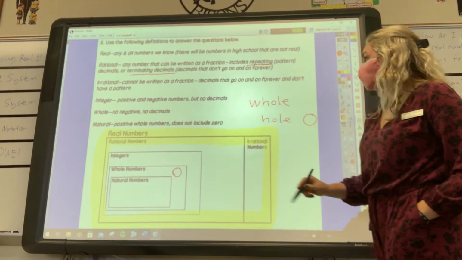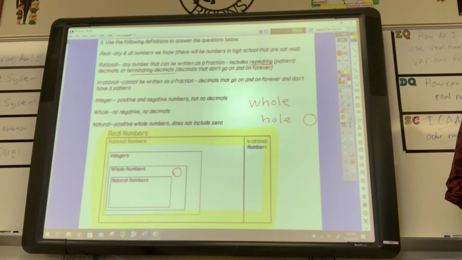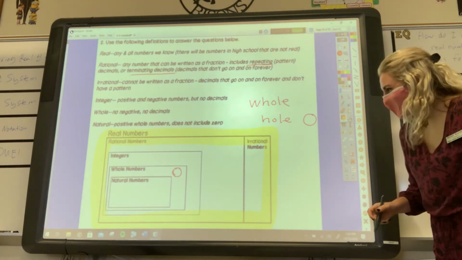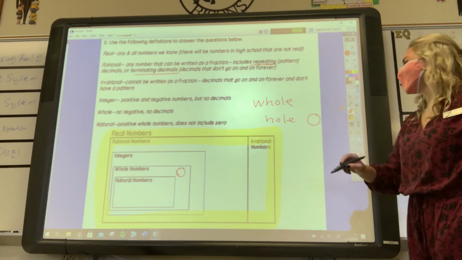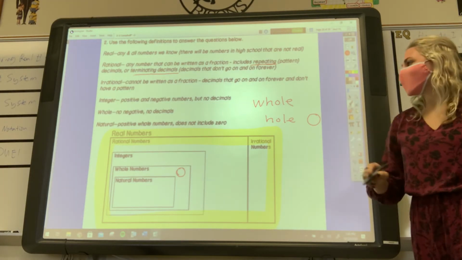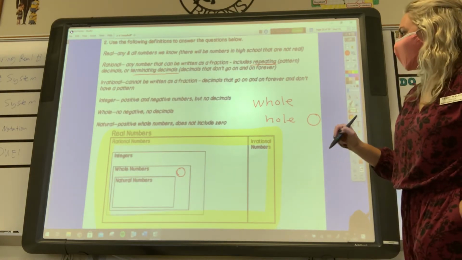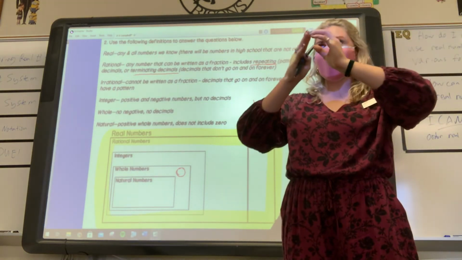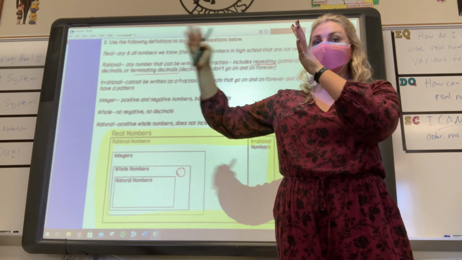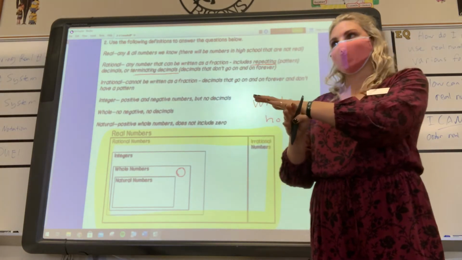And then our natural number is our last. Miss Walton, I have a question. Yes. Are you saying that 0 is the only whole number, or are you just saying that 0 is the only number that we would ever, I don't understand. Okay. So our whole numbers are numbers that start with 0 and get larger, but you can't have any decimals with them.